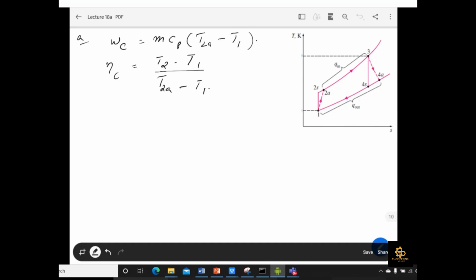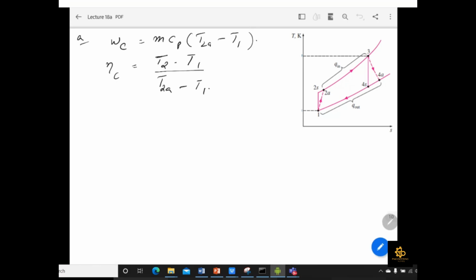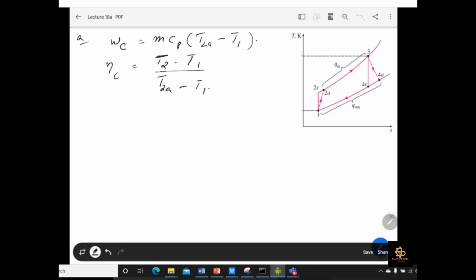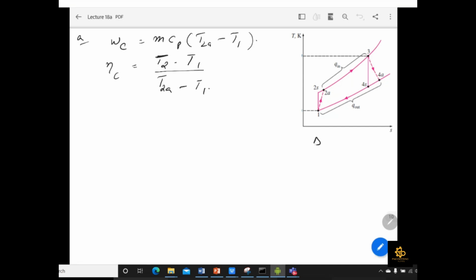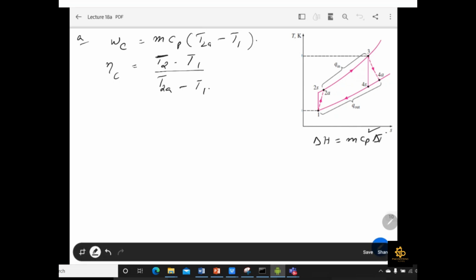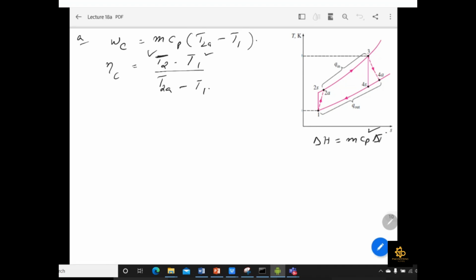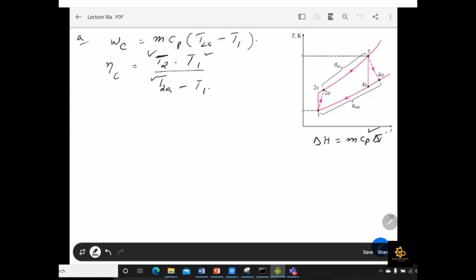I hope there will be no confusion about where this relation comes from, because I already told you that delta H is equal to m CP delta T. So you can plug in the value of compressor efficiency and find this relation. Now we have to find T2 first because T2 is not known to us, T1 is known, and what we are interested in is T2A.